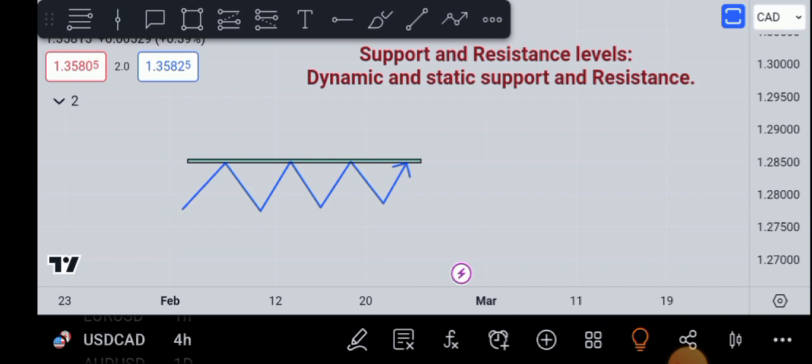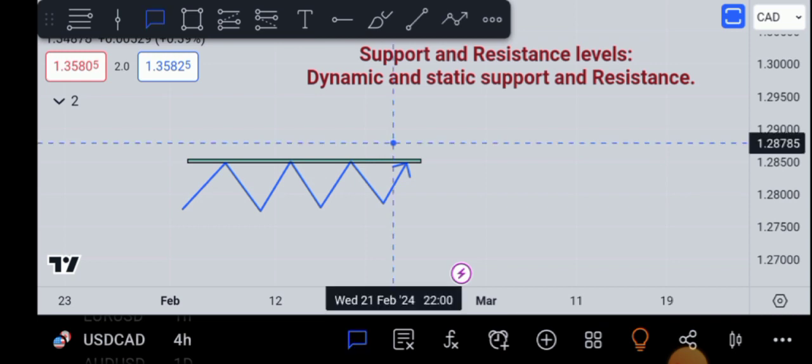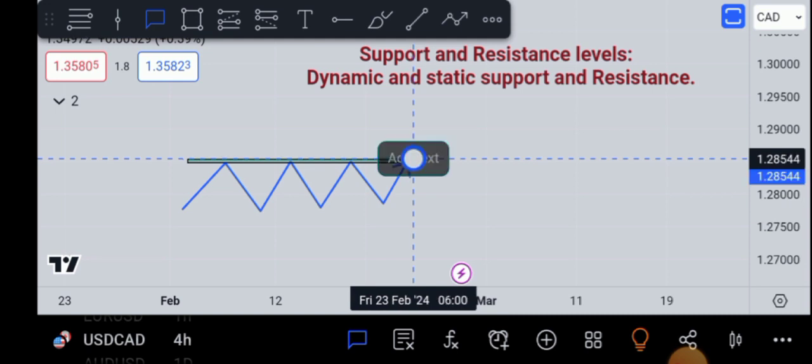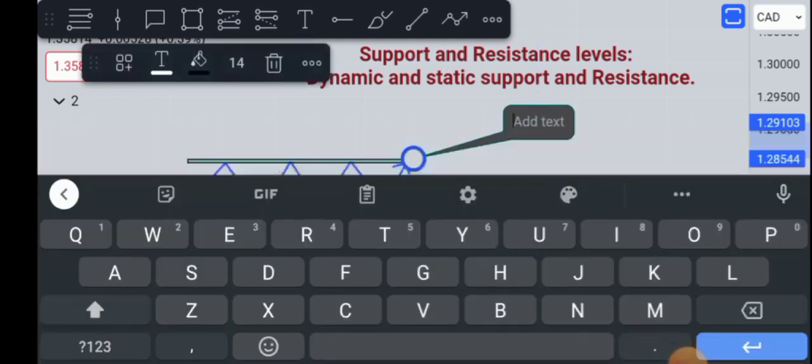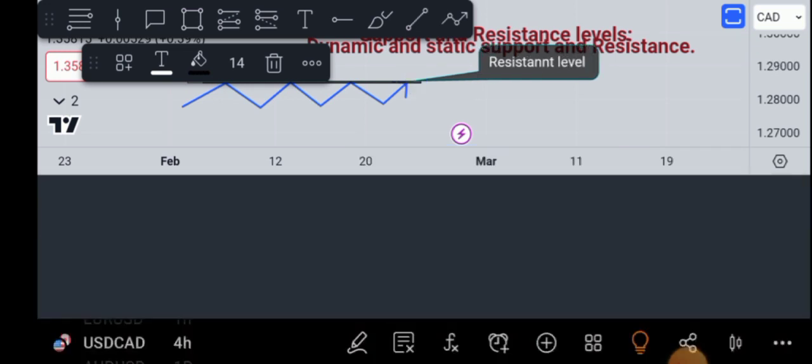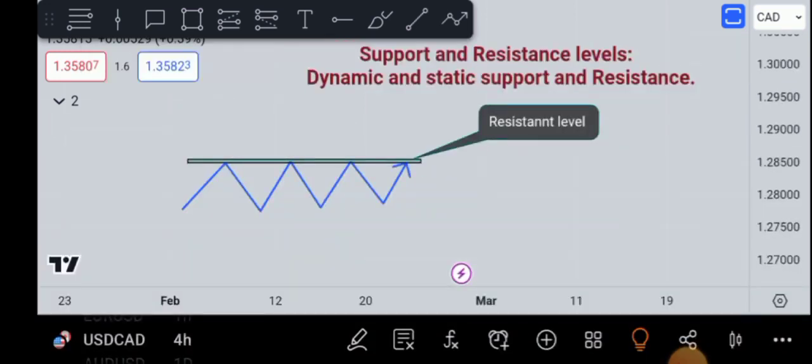So you'd agree with me that whenever price is failing to break above a particular area, that area is termed a resistance level. This is a typical resistance level.